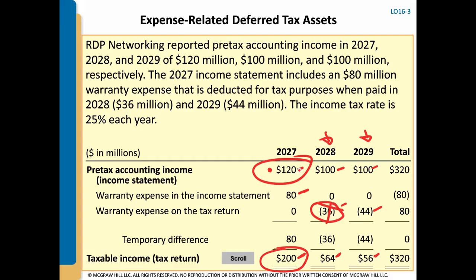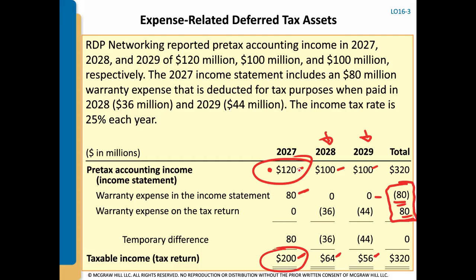So I just want to point out that if you look right here on the very right-hand side, the warranty expense for book purposes, or financial reporting, was $80 million, and $80 million of warranty deductions was taken for tax return purposes.